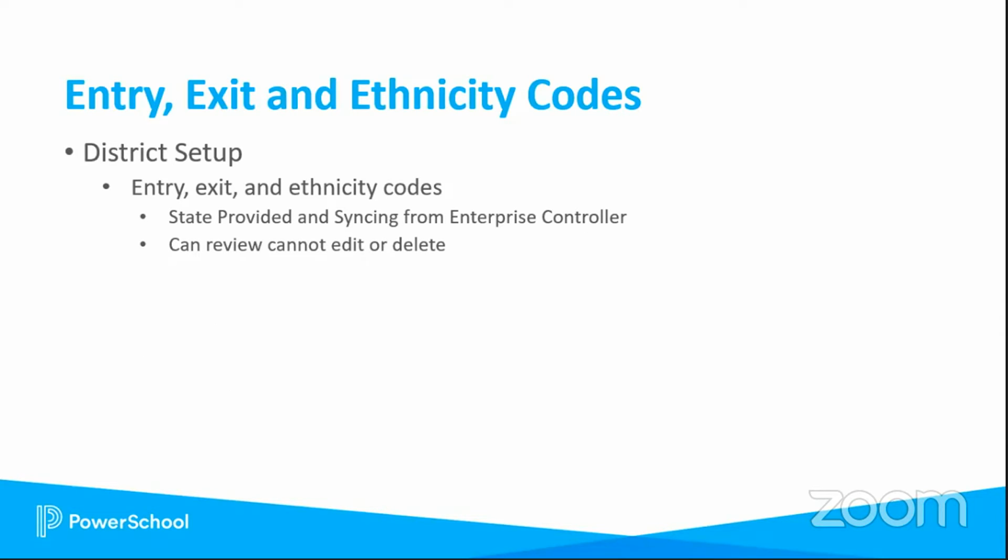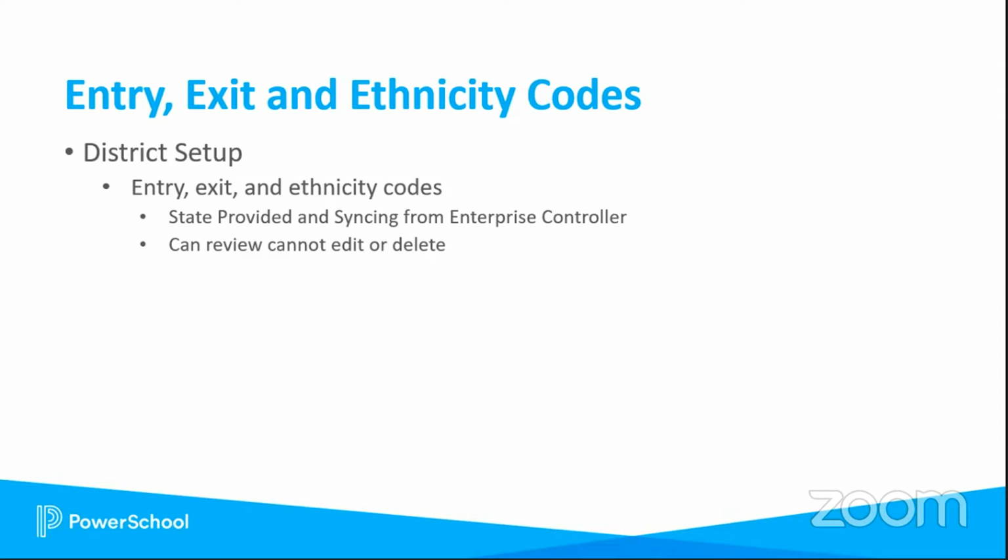For entry and exit codes and ethnicity codes, the state provides the codes, and we have what we call an enterprise controller. And within that enterprise controller, all of the state codes are set up, and there's a sync that runs hourly. And every hour, if the state were to make a change at 9:15 to an exit code, either add it, delete it, something like that, it would be down in your instance at the 10 o'clock hour.